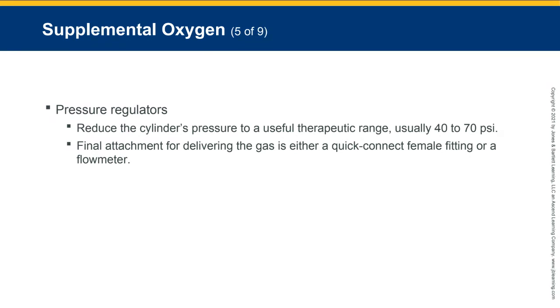So pressure regulators reduce the cylinder's pressure to a useful therapeutic range, usually 40 to 70 psi. Final attachment for delivering the gas is either a quick connect female fitting or a flow meter.